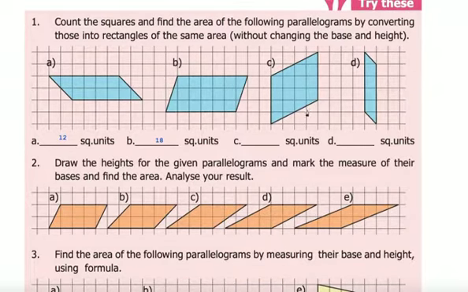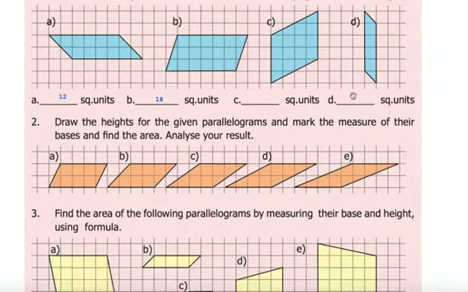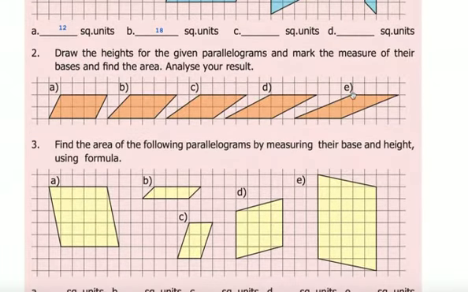Now you do it for C and D. Draw the heights for the given parallelograms, mark the measure of their bases and find the area. Let me draw it for A. I'll be doing it only for A. This is the length.